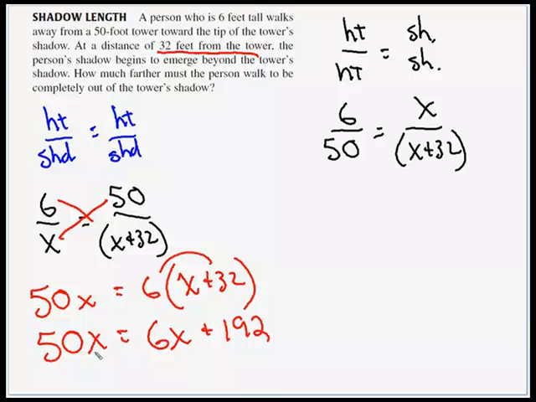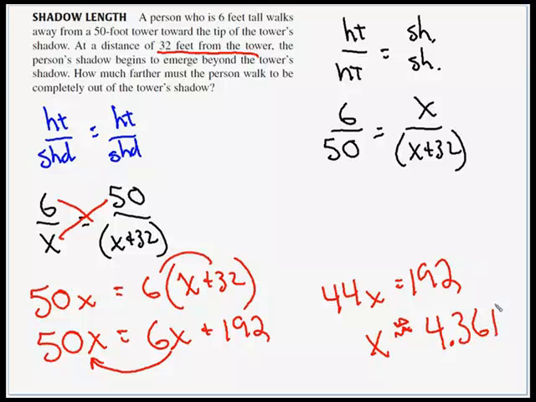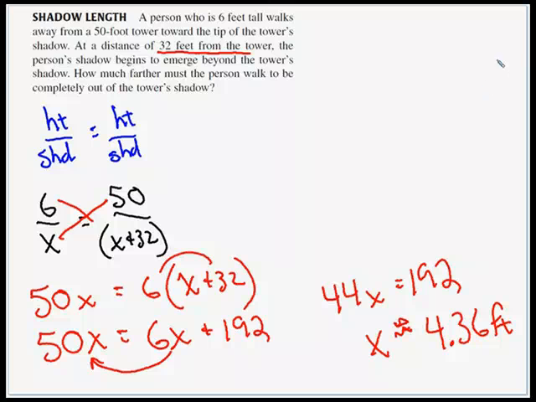Let's get all our x's on the left, subtract 6x from both sides. That will be 44x equals 192, and divide by 44, and we get x is approximately, we've got to round this off, approximately 4.36 feet.